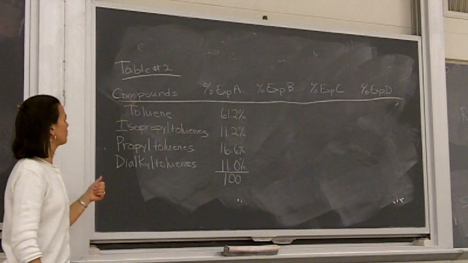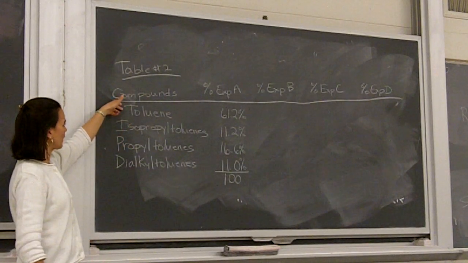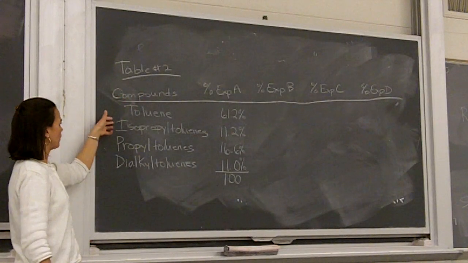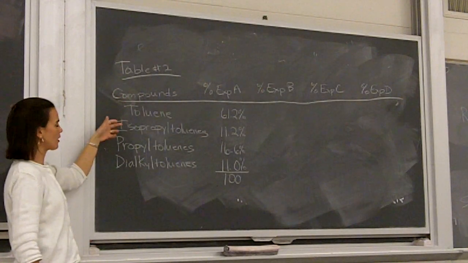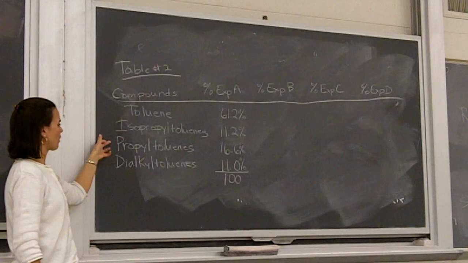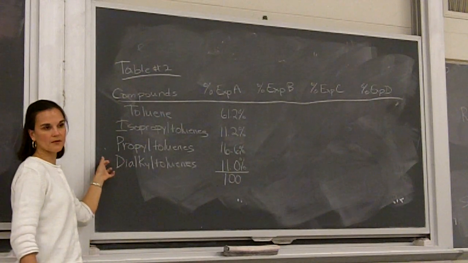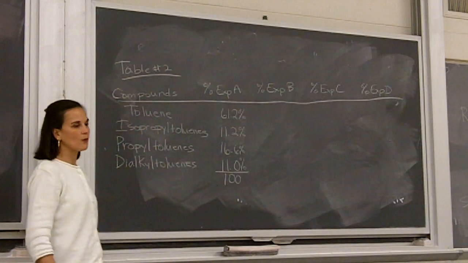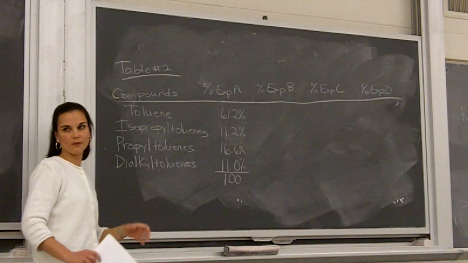So table number 2, we're going to look at toluene, and then the relative percentage of toluene, relative percentage of isopropyl toluenes, relative percentage of propyl toluenes, and relative percentage of dialkyl toluenes, okay? Now to do this, we have to do a little bit of math, okay?